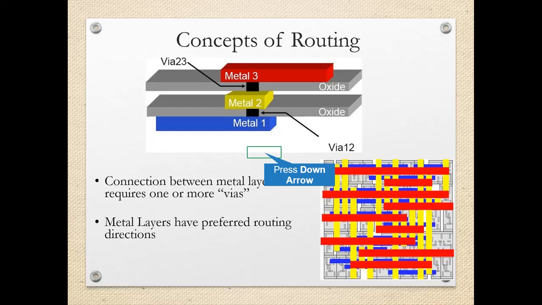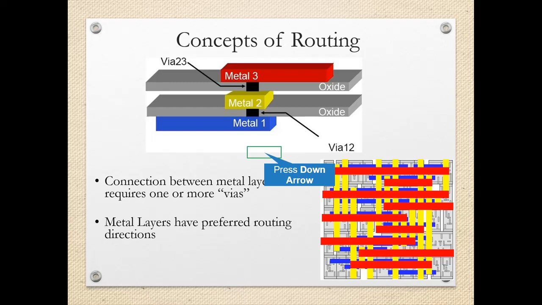Generally the alternate metal layers will be routed alternately as horizontal and vertical. Like metal 1 is routed horizontally, then metal 2, that is the yellow color, is vertical, and again red is horizontal.